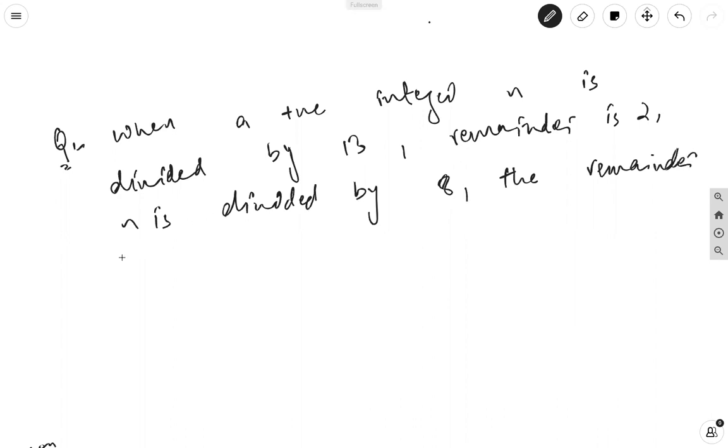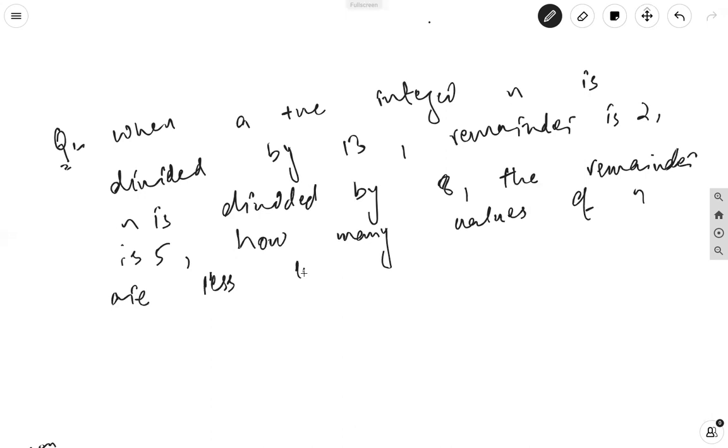How many values of n are less than 180? I repeat the question. When a positive integer n is divided by 13, remainder is 2. And when it's divided by 8, the remainder is 5. So the question is, how many values of n are less than 180? We have just 1 minute to solve this question.